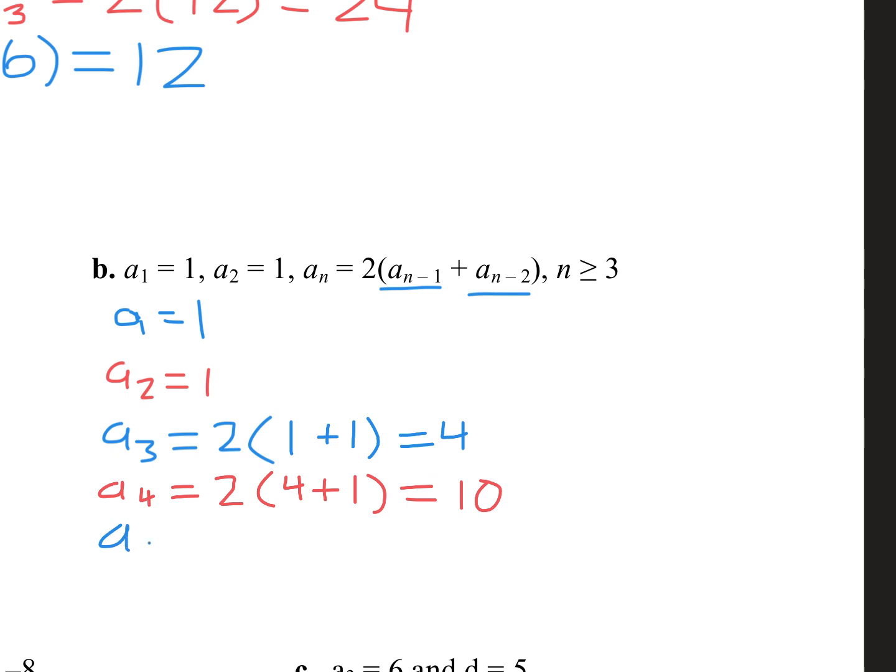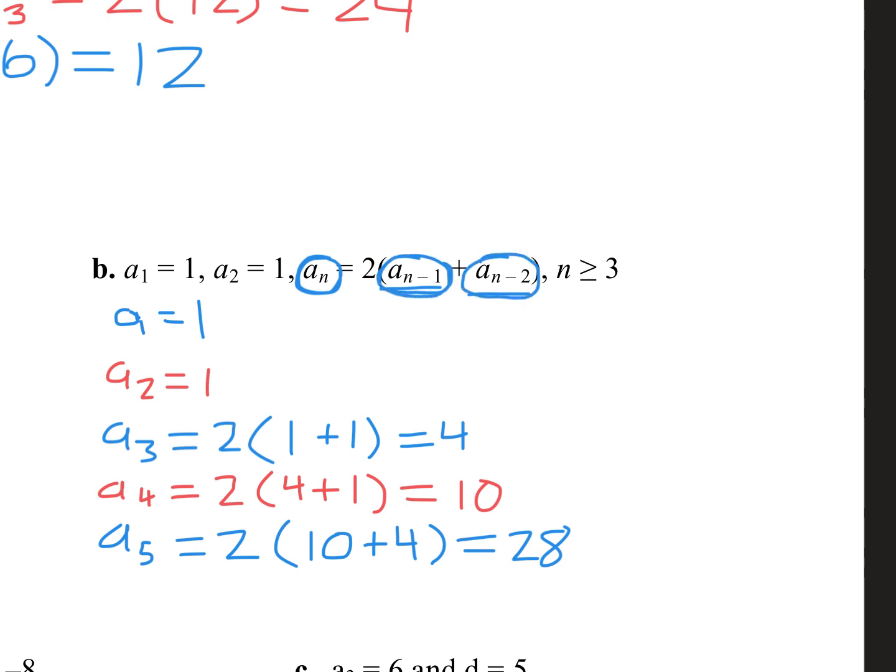And now to find A5, we do 2 times the previous term, which was 10, and the one before that was 4. 2 times 14 is 28. So it's important to recognize that if you're looking for An, this is the one right before it, and this is the one 2 before it.